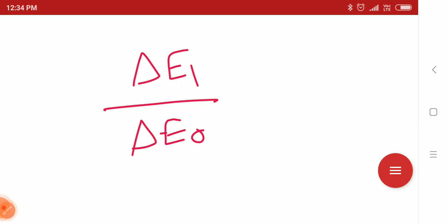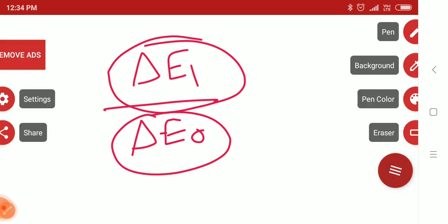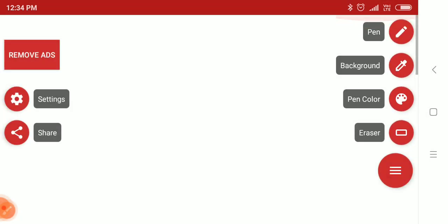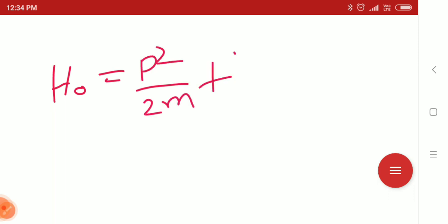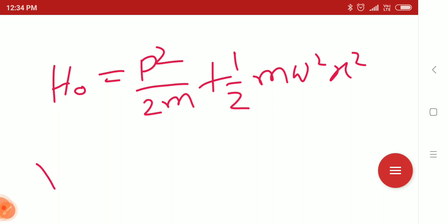Energy correction means that you have the unperturbed Hamiltonian, p square by 2m plus half m omega square x square, which is perturbed by the potential lambda x to the power 4.